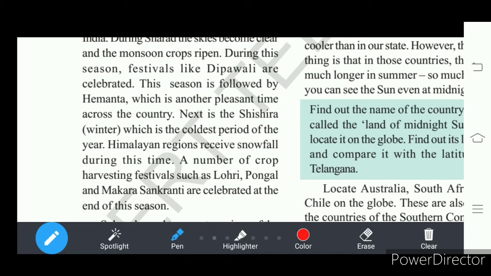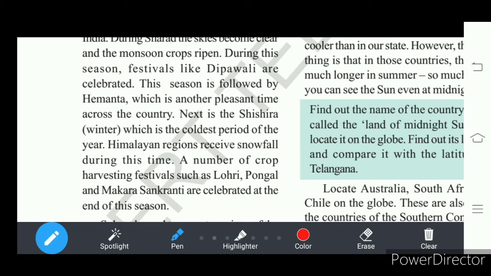In some places, the festival we celebrate as Sankranti is called Pongal. So Pongal and Sankranti are connected with the winter season, which in the Sanskrit word we call Shishira. Shishira is a Sanskrit word meaning cold.